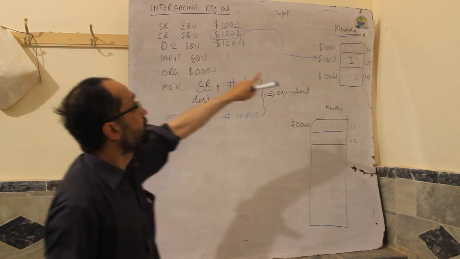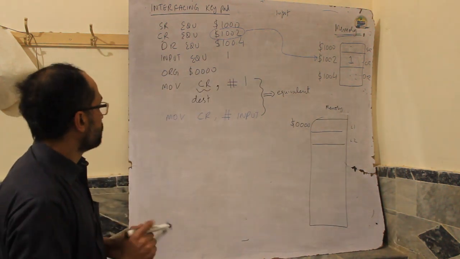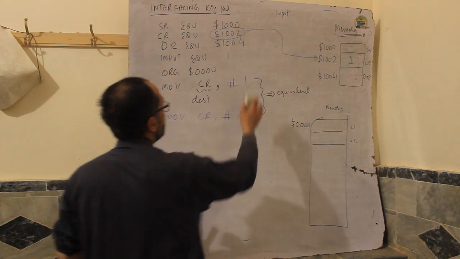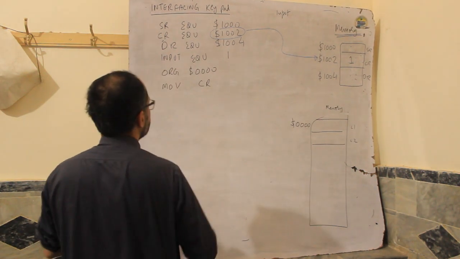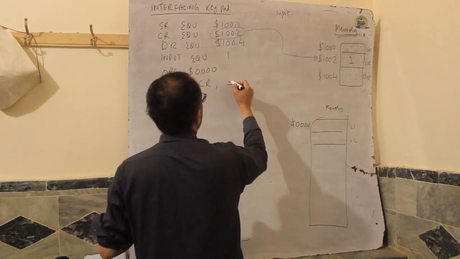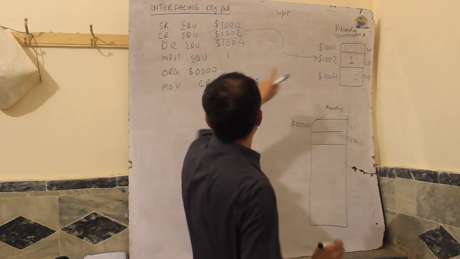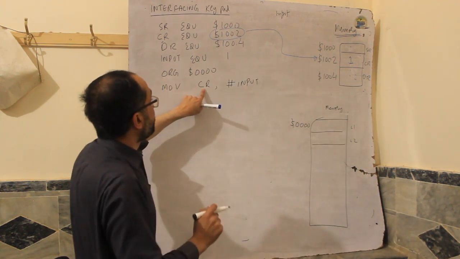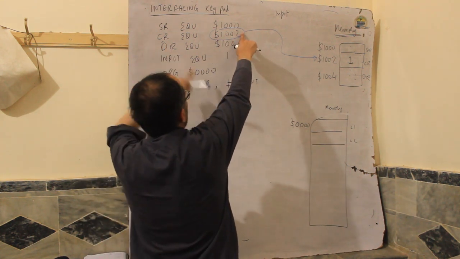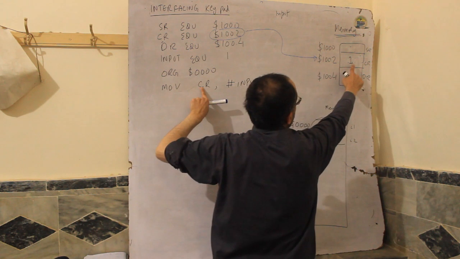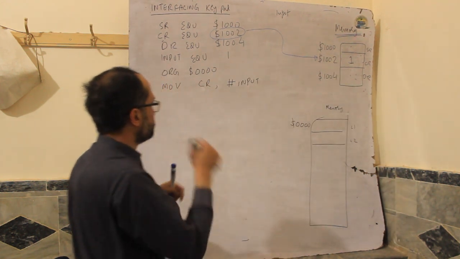Because we want to configure this device as an input device, and the keyboard is an input device. So in this case, with CR in absolute addressing mode, we are writing to address 1002, and we are writing a value of 1 because input is equal to 1.